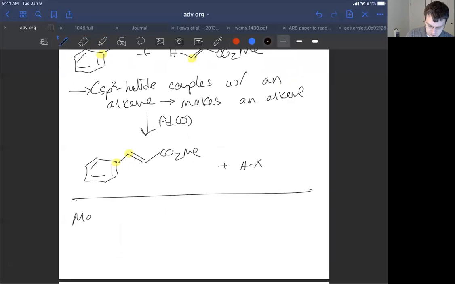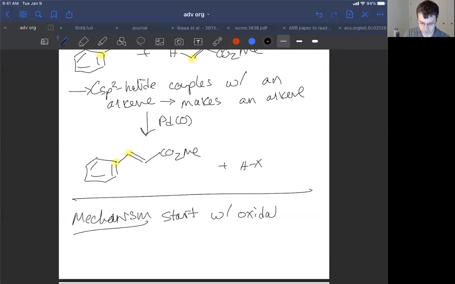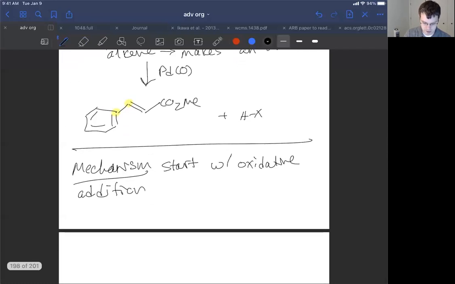The mechanism for these reactions tends to begin, first of all, with oxidative addition. So the first step is oxidative addition, where we take our haloarene, our aryl halide, our benzene ring attached to a halogen, and we react it with palladium 0.